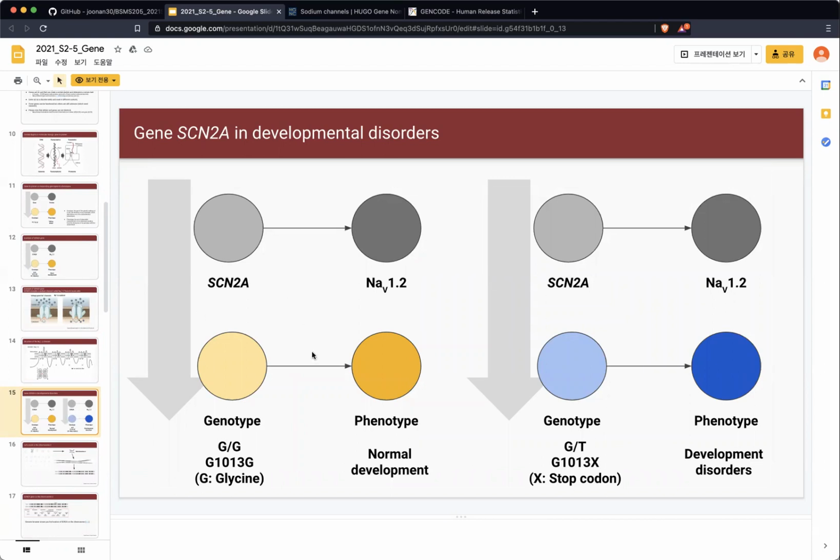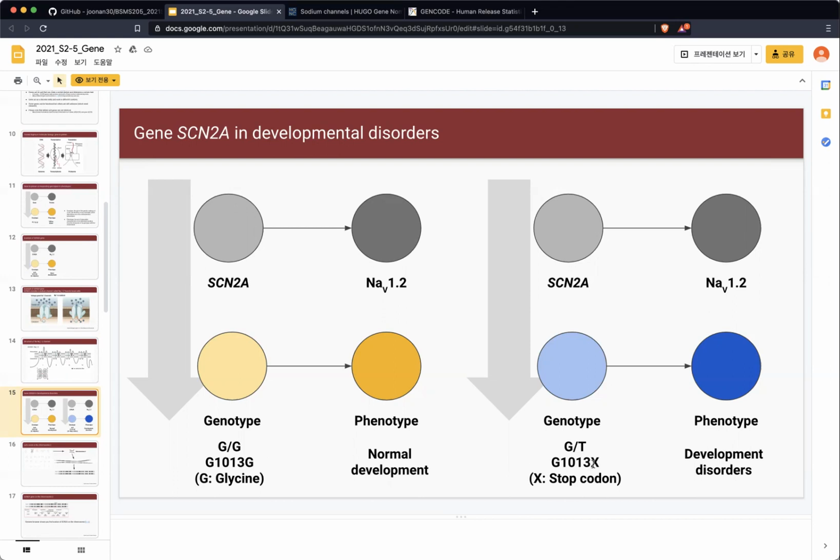When you have the wild type, which most of the population has, that sequence brings you normal development of your brain. But when you have the T sequence in your DNA, which we call the T allele, in that case you have a stop codon, which means your SCN2A protein translation stops at this position, right?